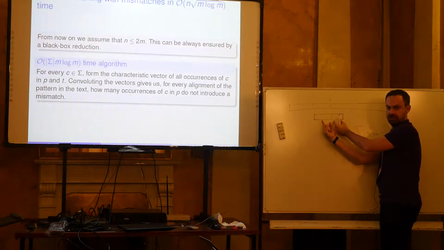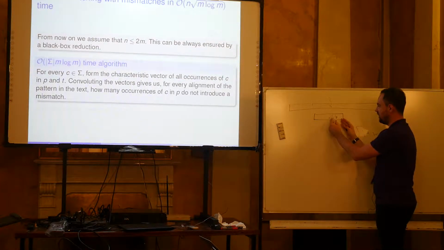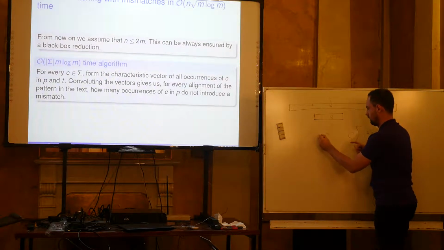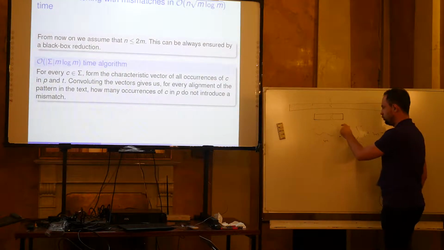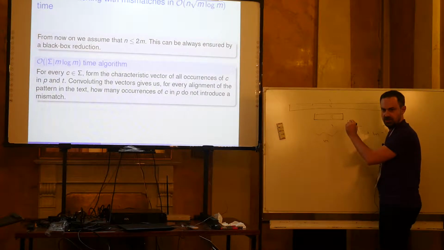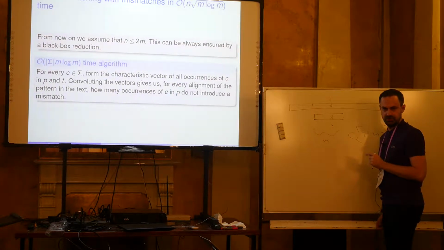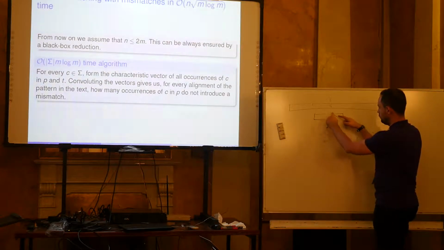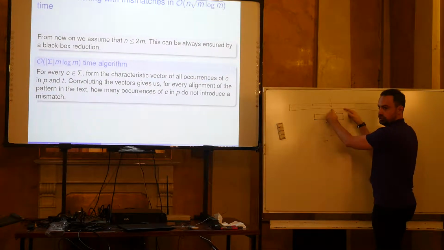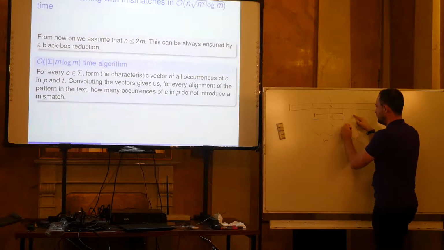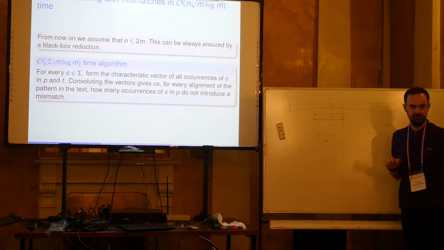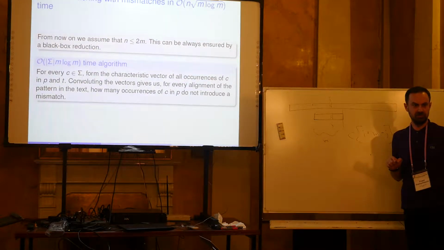Right? That's where it ends, because this is j, this is of length m, and at position j I have an occurrence of character C. And at position i in the text, I have also an occurrence of character C. So if I go to the right by m minus j positions, I will get where this occurrence ends. Okay, makes more sense now?